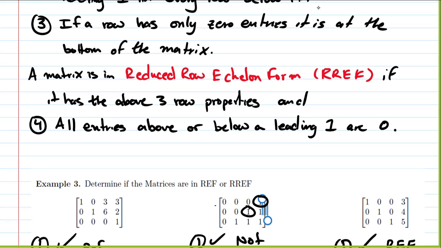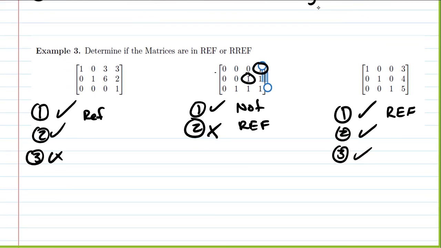So for a matrix to be in reduced row echelon form, it's going to have all of the 3 previous properties plus this column property that says all the entries above or below a leading one are 0.